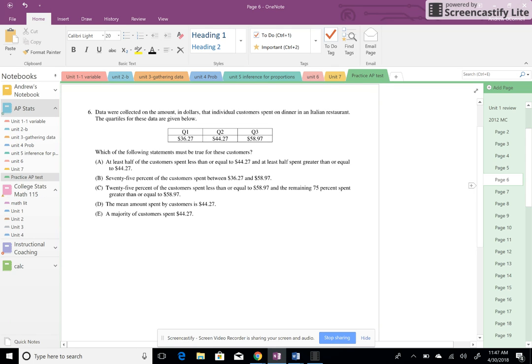Data was collected on the amount in dollars that individual customers spent on dinner at an Italian restaurant. The quartiles are given. Remember, that means this somehow will look like this, where quartile 1, median is quartile 2, and quartile 3.